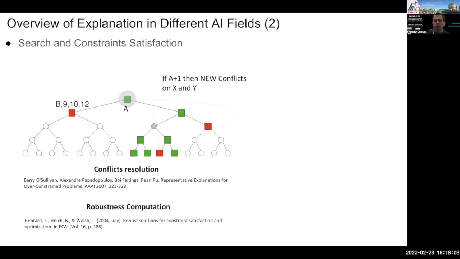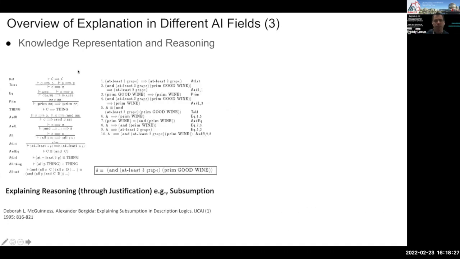That's been studied for years. I mean, there was a tutorial on the topic 15 years ago. On search and constraint satisfaction, there's a lot of work on trying to rebalance and resolve conflicts that provide explanations off the shelf with the technique.